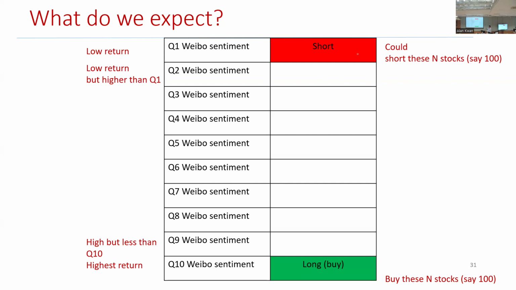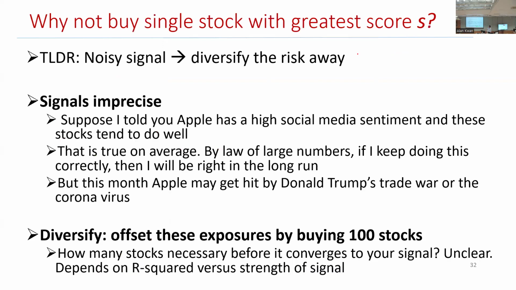There's a rule of thumb that after at least 20 or 30 stocks, you're pretty well diversified. But suppose I had one stock who on Twitter actually turns out to be awesome, or Weibo or whatever, and this stock has the strongest social media score that you've ever read. Would I want to trade that, even though relative to the other things in the top 10%, the score is much higher?